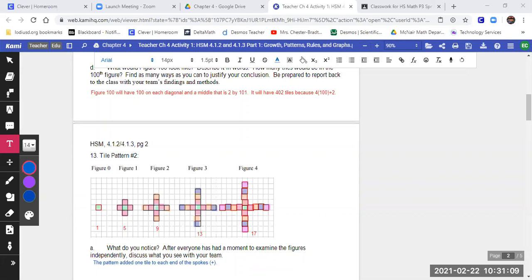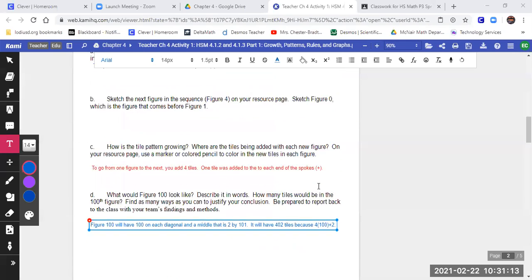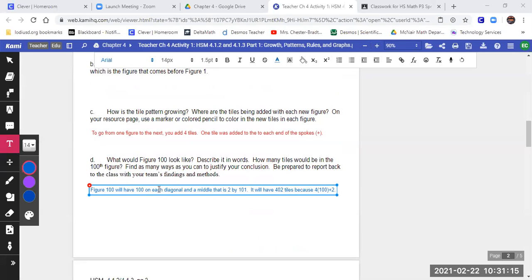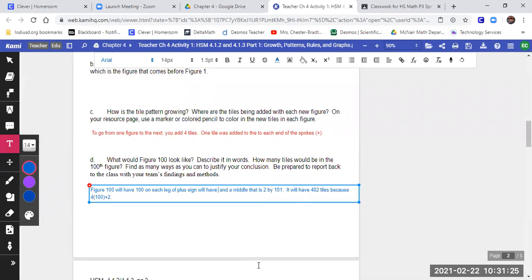Yes. So 1 in the middle and 100 on each leg of the plus sign. We'll have 100 on each leg and a middle that is 1.